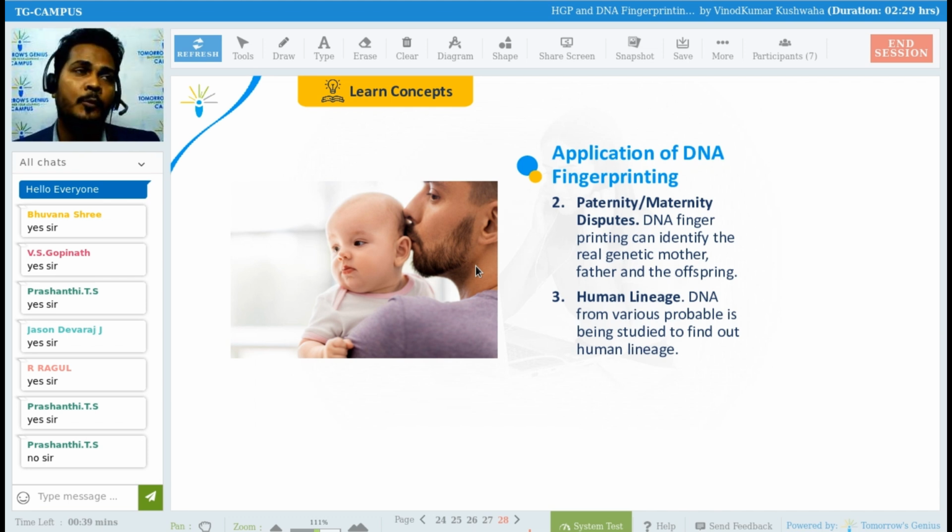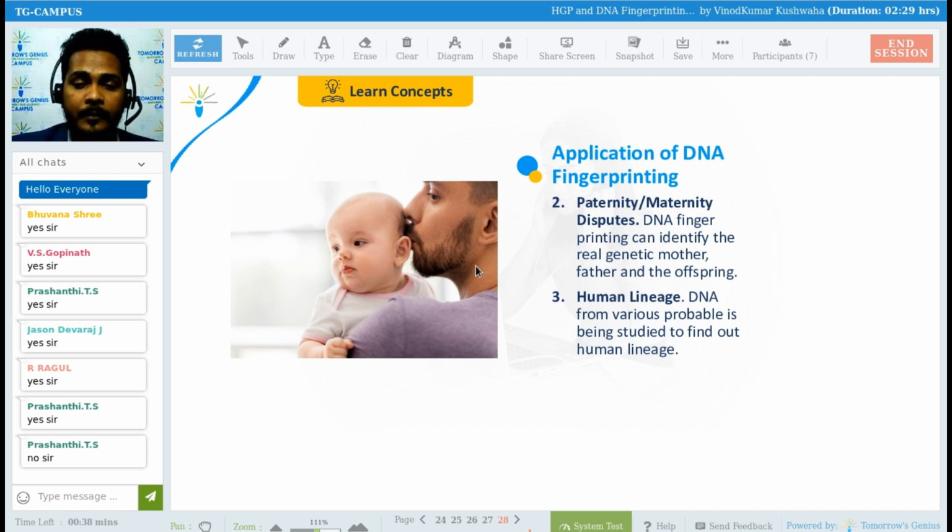To identify that origin, we can do DNA fingerprinting with the help of chimpanzees, monkeys, and various human lineages. With the help of that, you can identify and map the complete evolution of human beings. So here also DNA fingerprinting is important.